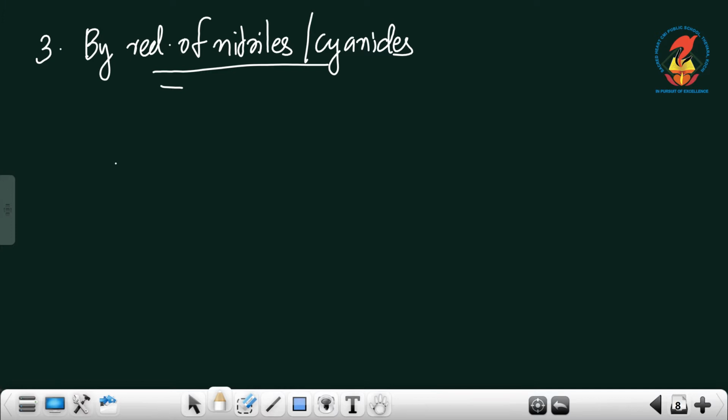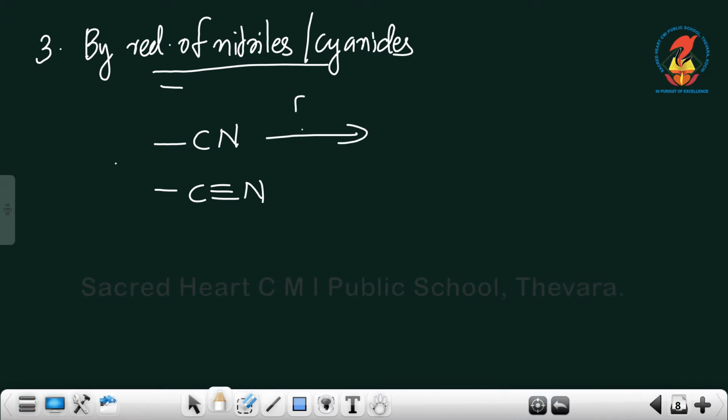We know that cyanides are also known as nitriles and the functional group is CN, or the expanded form is C triple bond N. So how we can convert cyanides to amine is by reduction.